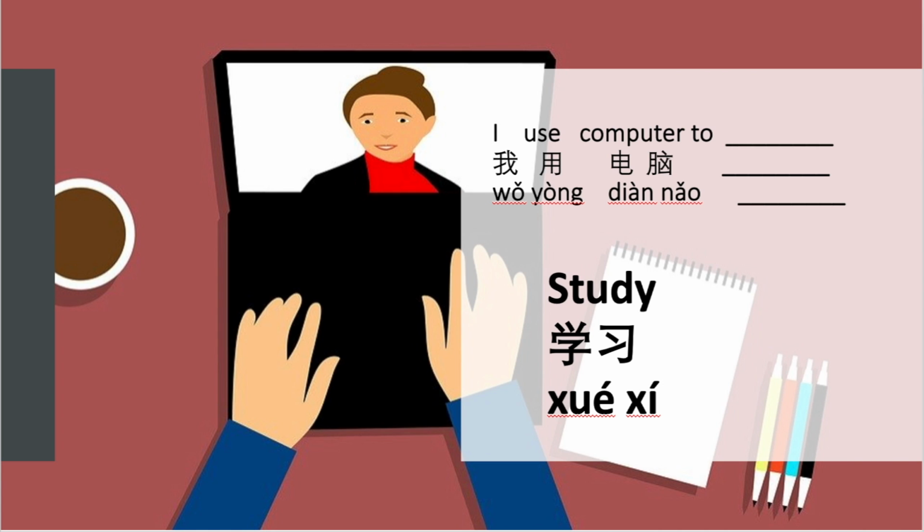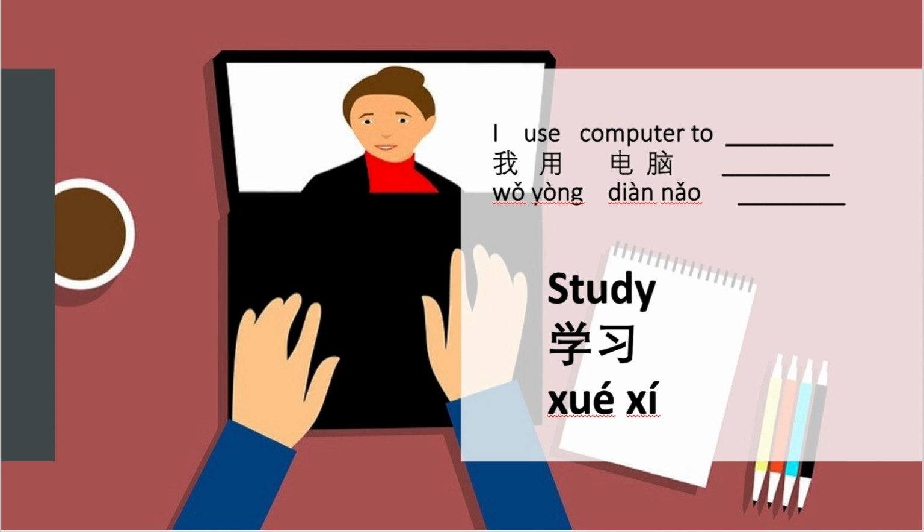say, 我用电脑学习。To say, study English, 学英文。To say, study Chinese, 学中文。Or you can say, 学习中文。Please note that sometimes we do shorten this phrase to one simple character.